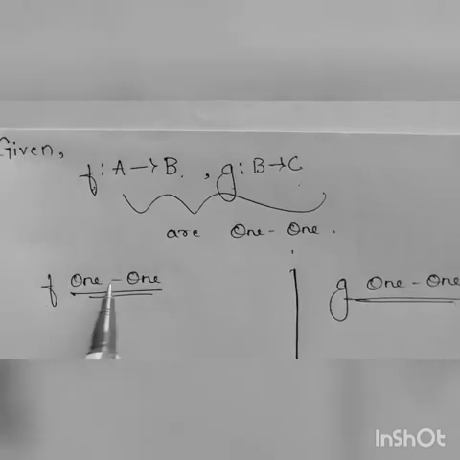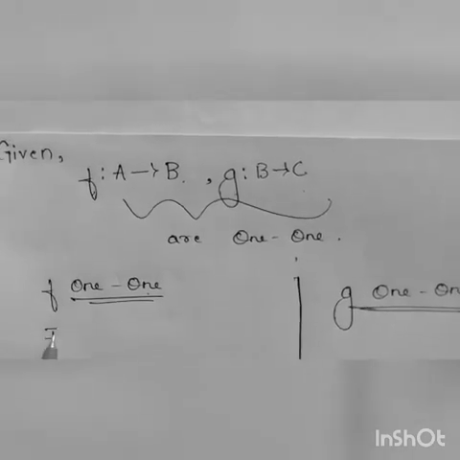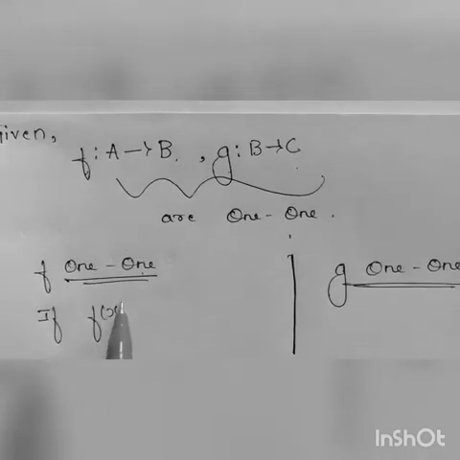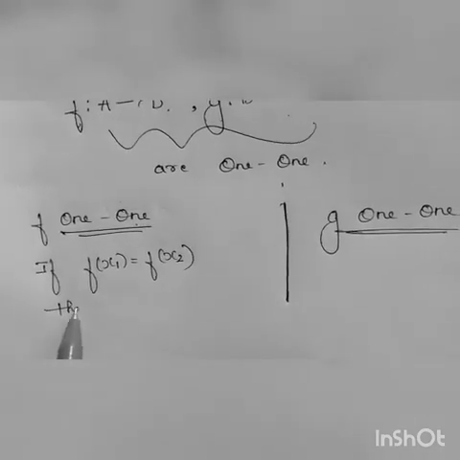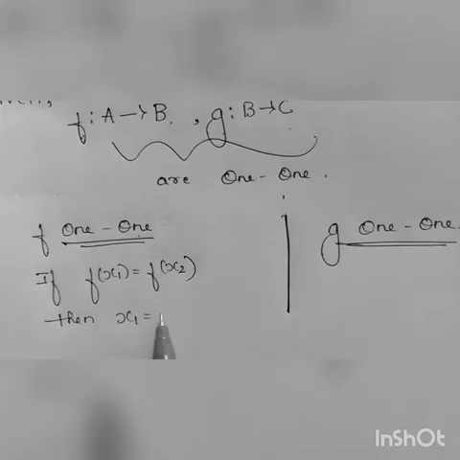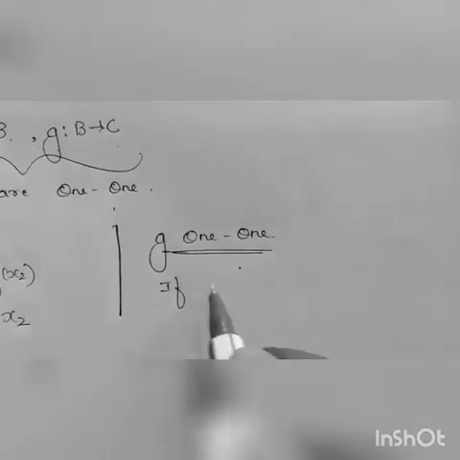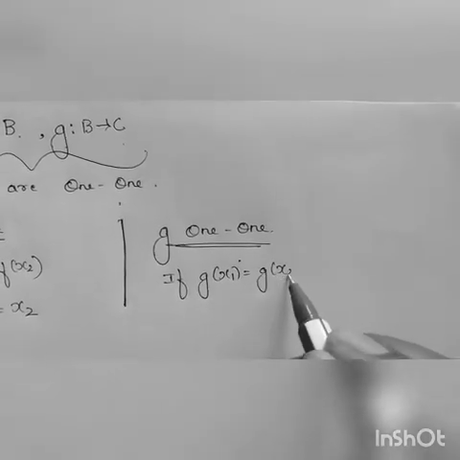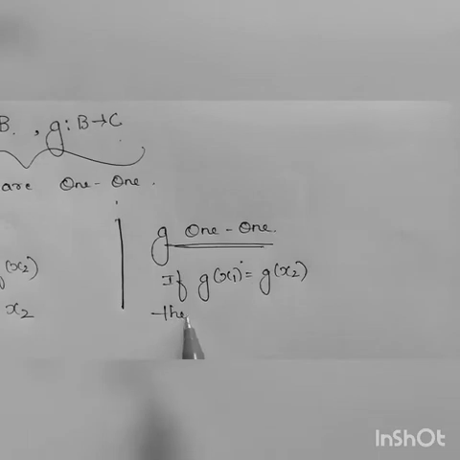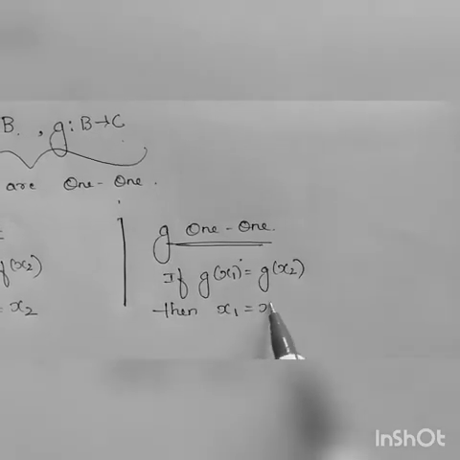so if f is 1, 1, then we say that if f of x1 is equal to f of x2, then x1 is equal to x2. So g is 1, 1 if g of x1 is equal to g of x2, then x1 is equal to x2.